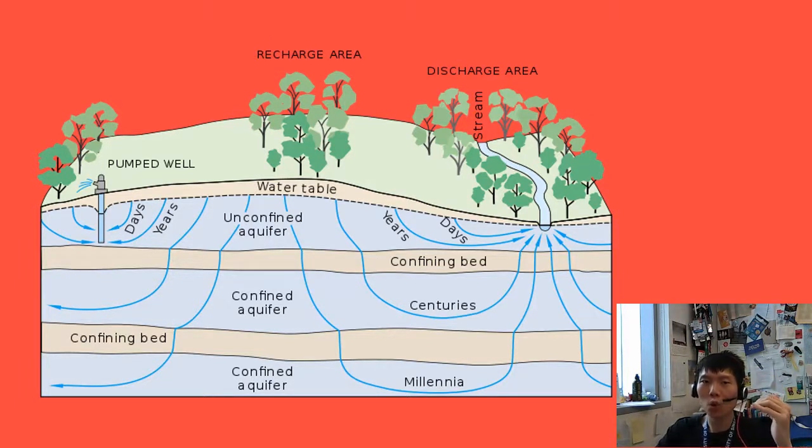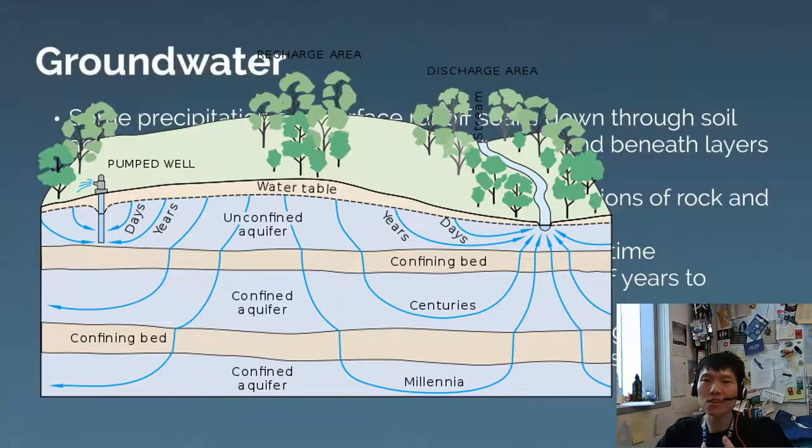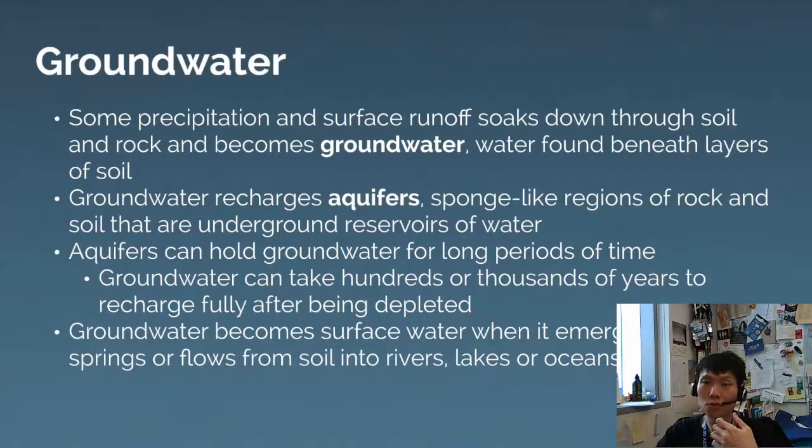So the aquifer can hold groundwater for a long period of time, so the water can be very ancient there. Now, in some cases, the groundwater takes hundreds and thousands of years to recharge fully after being depleted. It's not just being stored there, but there's always movement of water beneath the rocks. The groundwater will become surface water when it emerges from springs or flows into streams, rivers, lakes, or the oceans from the soil.